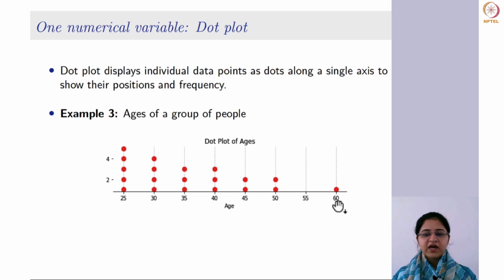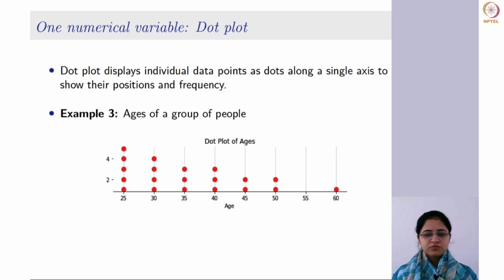Likewise, we will keep on moving and we will make a single dot for 60 if there is only a single individual. So it is easy to draw, and you just have to keep on adding the dots, and the counts can be easily seen from here. It is the simplest visualizing tool that is used for numerical variables.